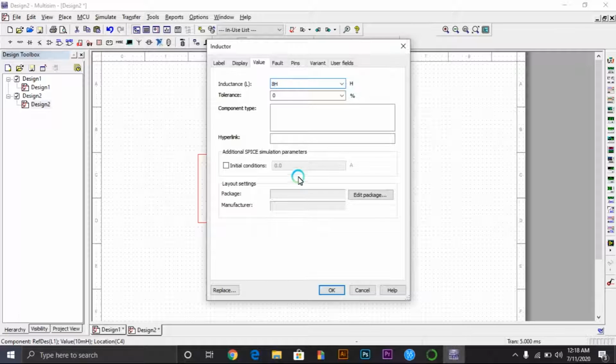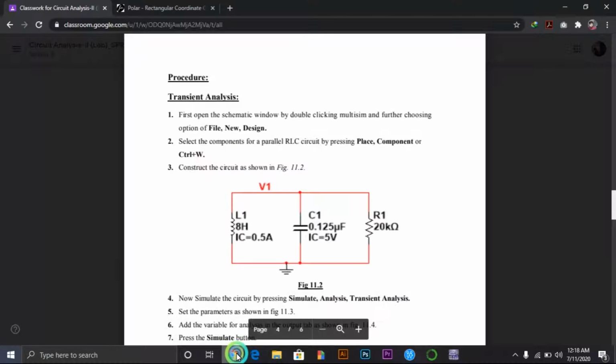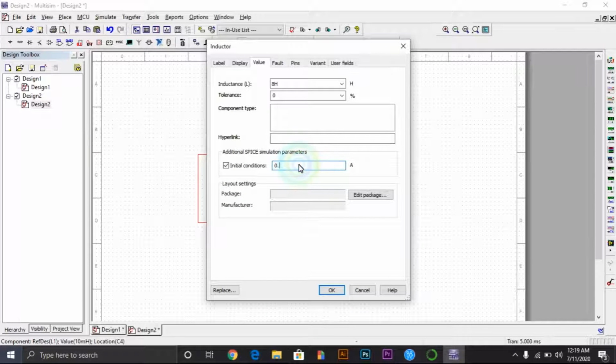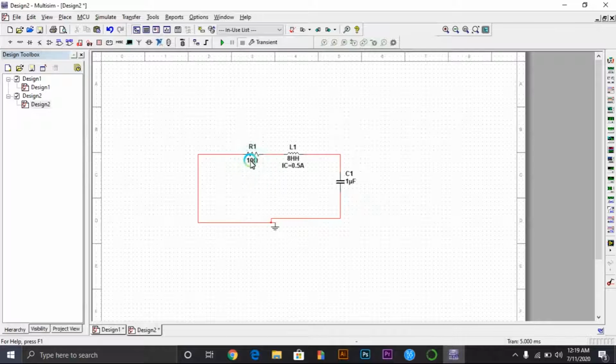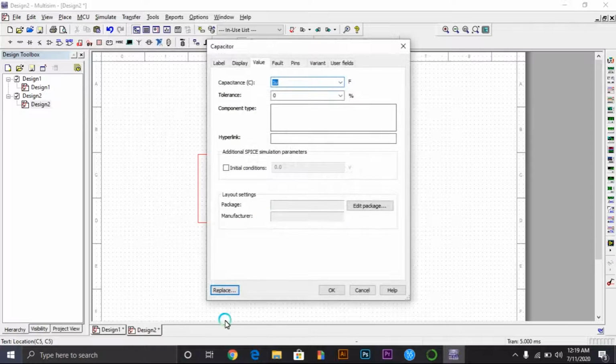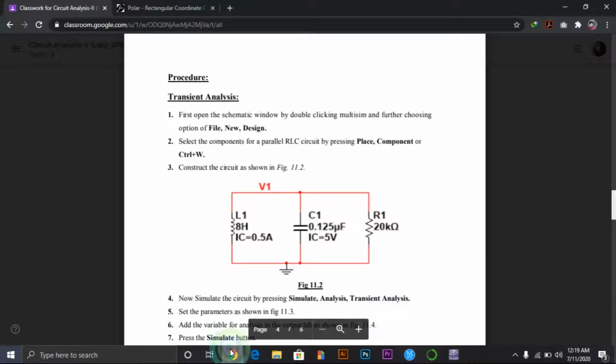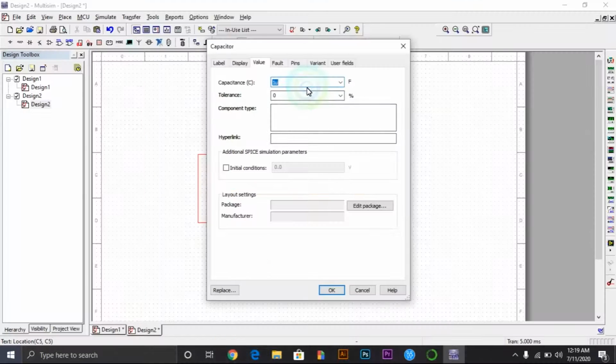8 Henry with initial condition 0.5. 0.125 micro with initial condition 5.